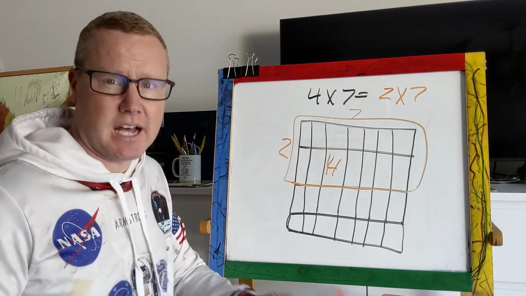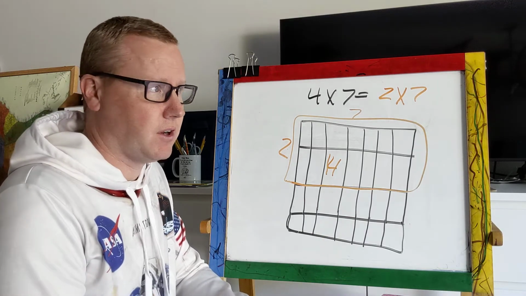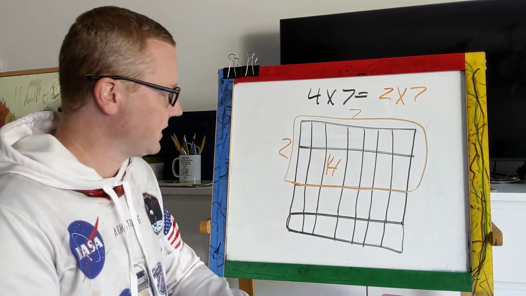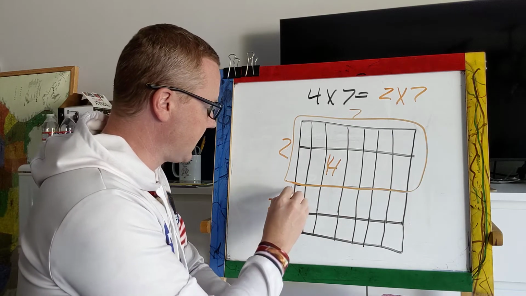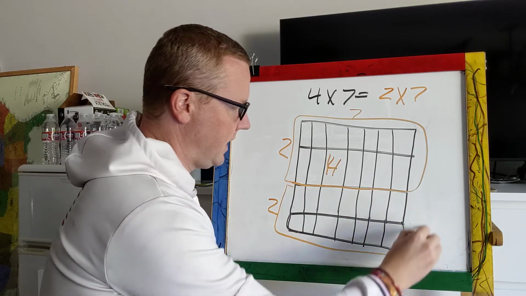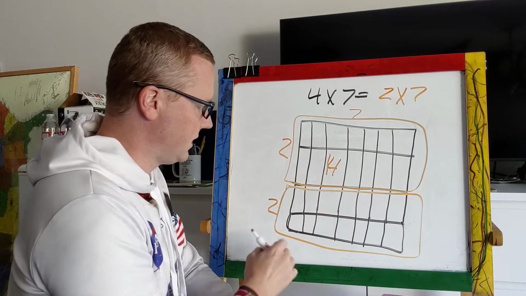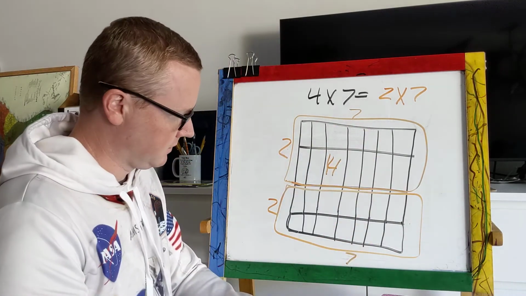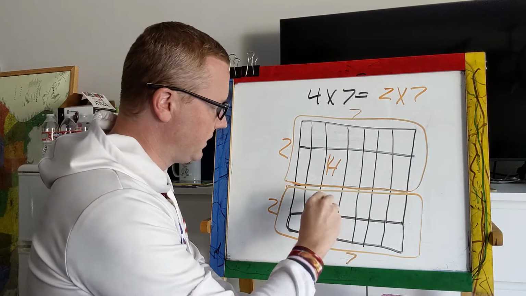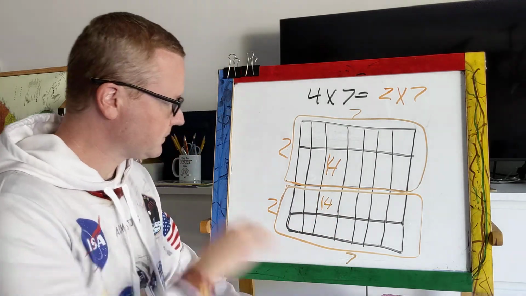So when I say double the double for 4 times 7, if you look right down here, I can draw the exact same thing. I have another group of 2 times 7 because we haven't changed anything, and this right here is 14 as well.